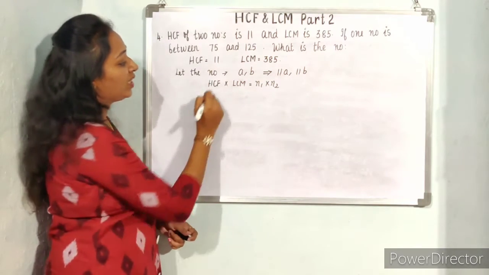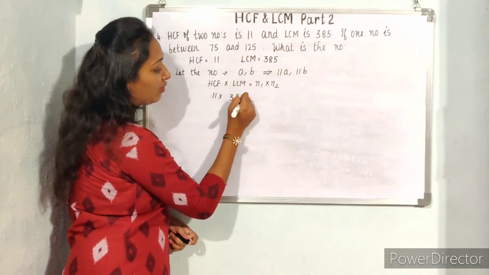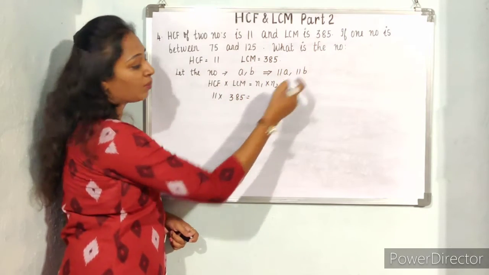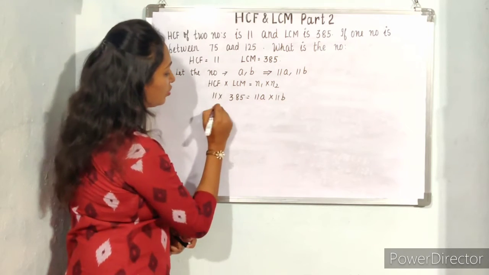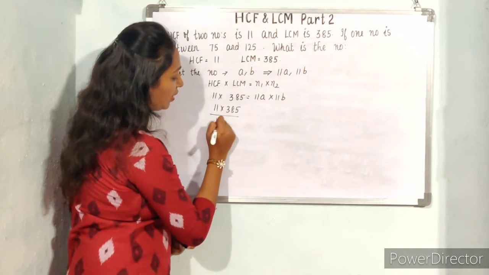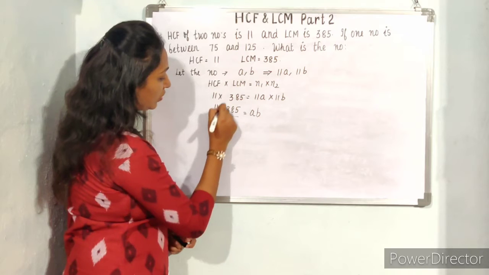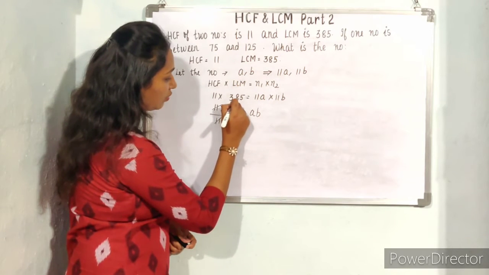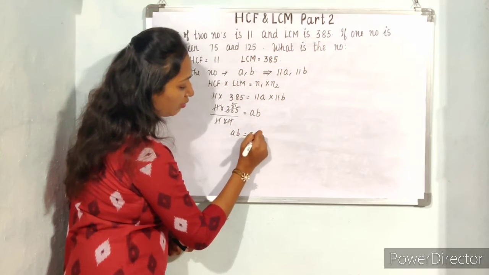Substituting HCF 11, LCM 385, and the two numbers 11A and 11B, we get 11 into 385 divided by 11 into 11 as the value of AB. Cancelling, we get 35. So the value of AB equal to 35.